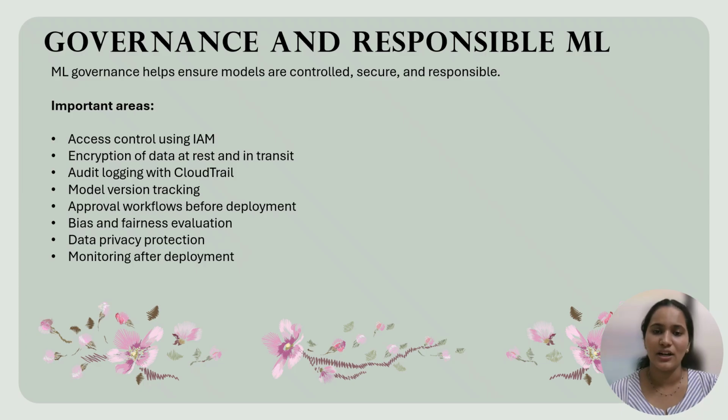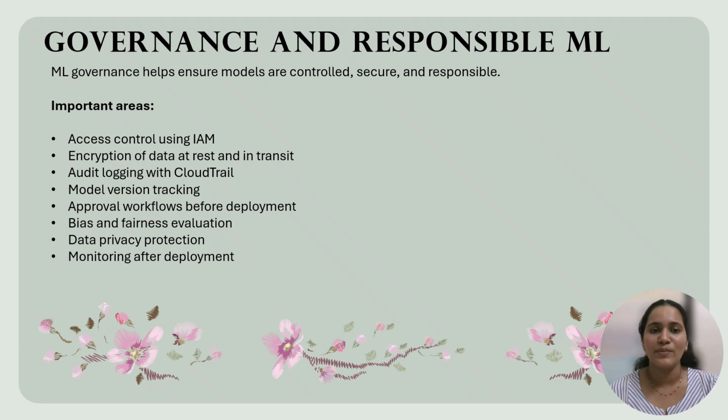Machine learning governance ensures that models are developed, deployed, and managed in a secure, responsible, and compliant way. One important area is access control using AWS Identity and Access Management, or IAM, which ensures that only authorized users can access data and ML resources.